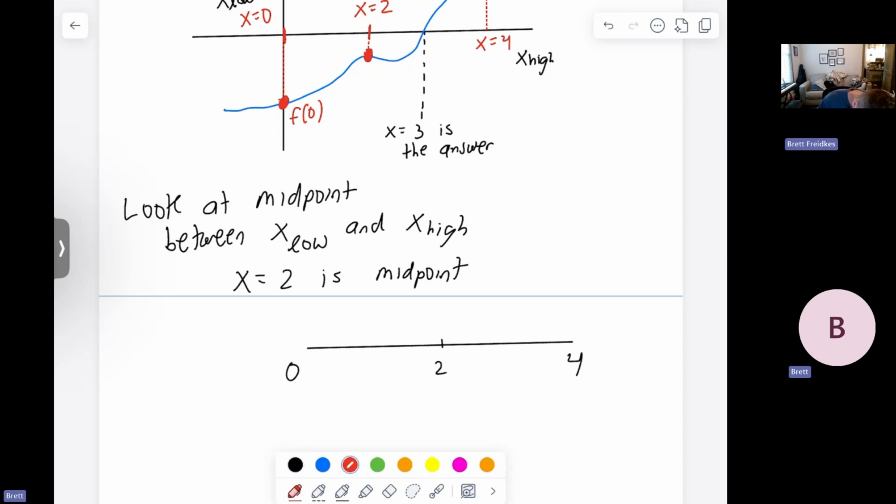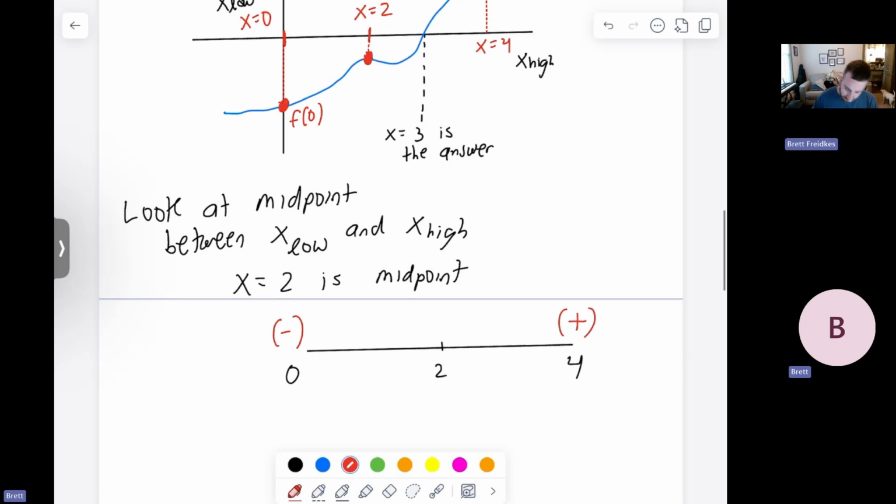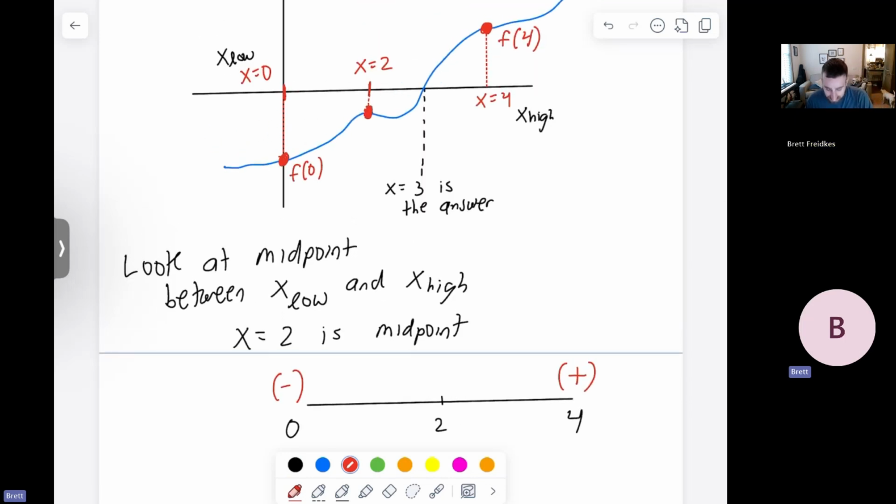I know that the sign at 0 was negative. I know that the sign at 4 was positive. And now, if I look at the sign at this new point, which is the midpoint, I can see based on our picture that that has to be negative.